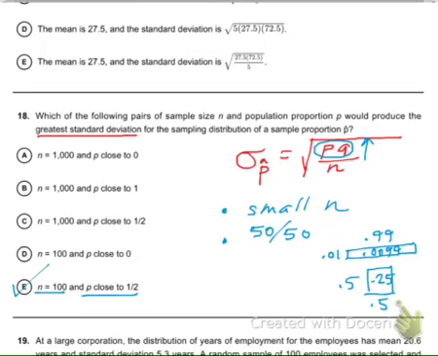A little footnote to number 18. This fact that the variability is higher when we're close to a 50-50 situation is what makes calling elections so difficult these days. I mean, think about it.